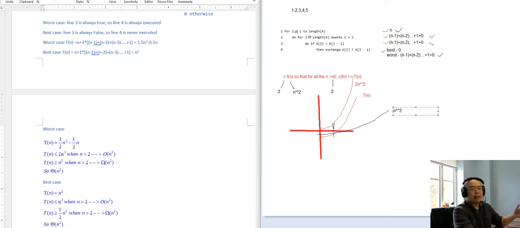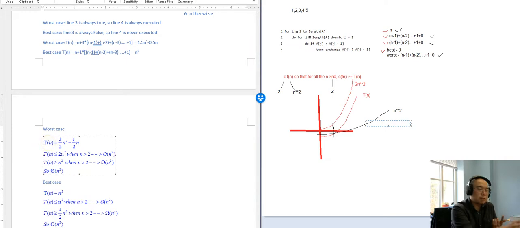So this is going to be a curve of n squared. After I find that, this is an upper bound, this is a lower bound. And for the upper bound and the lower bound, we are able to prove that for this T(n), it is both O(n squared) and Omega(n squared). So once I have the upper bound and the lower bound, and they are both n squared, eventually I can claim this is Theta(n squared). Okay, so this is only for the worst case.